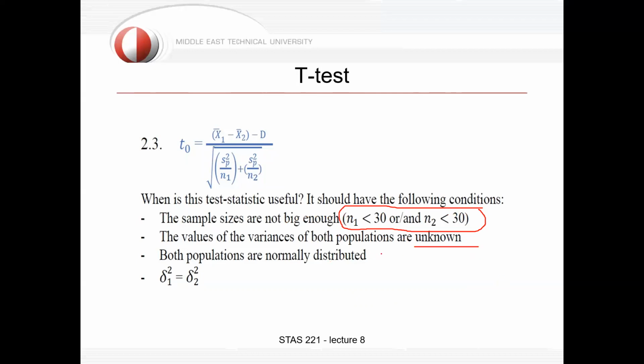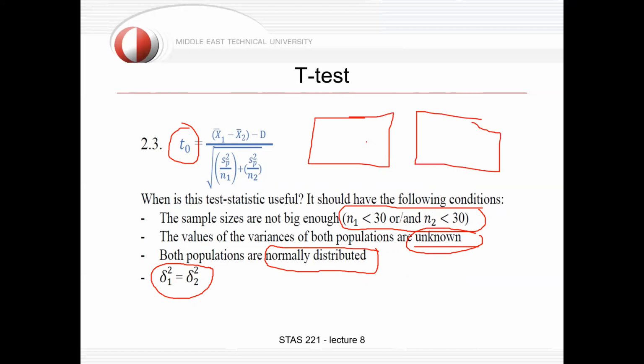But fortunately, I know that both populations are normally distributed. This is very important to be able to use the t-distribution. And I also have the information that the variances of the populations are equal. Interestingly, I don't know their values, but I know that they are equal.